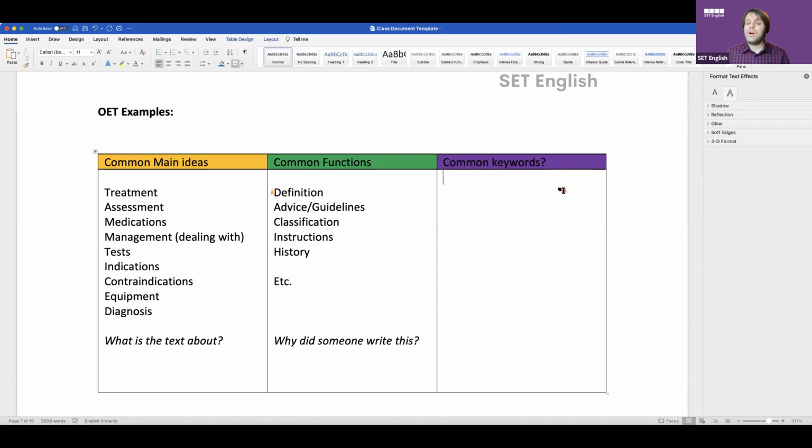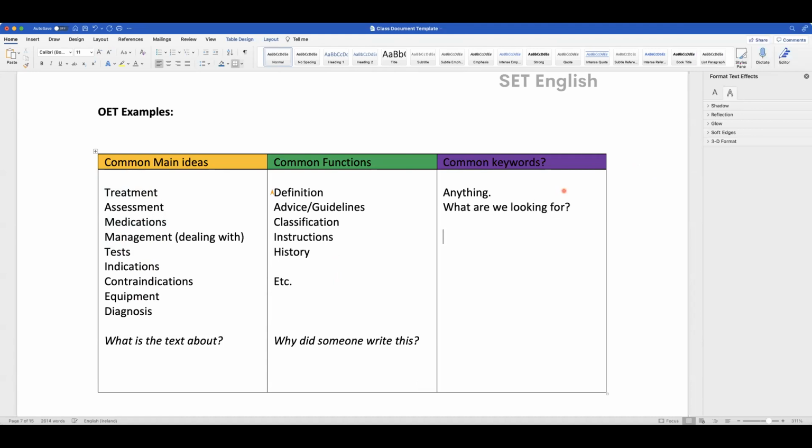Okay, keywords. Give me an example of a keyword. It could be anything, a number, a specific medication. What are we looking for here, guys?